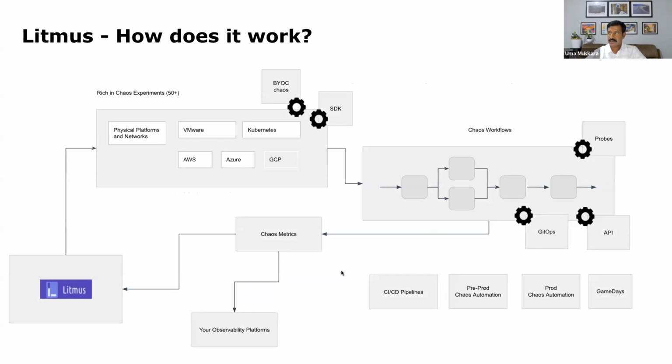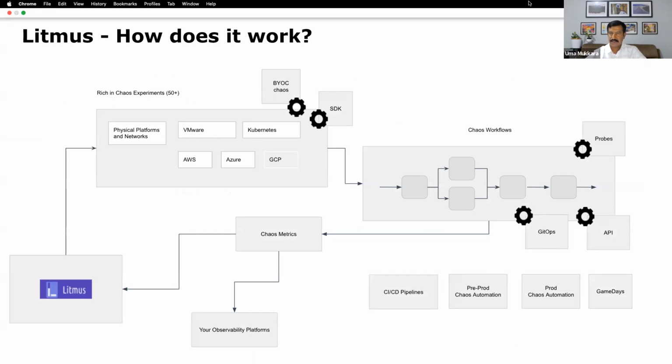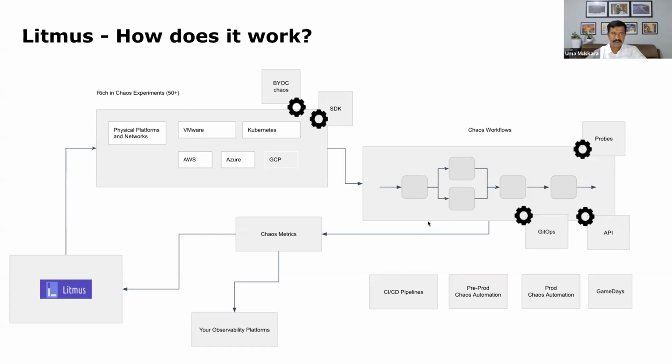So I think we can jump to the demo, but in the demo you will see there is a chaos center where everybody logs in. Everybody means your team members, and then you can build chaos experiments around various resources, Kubernetes or bare metal or multiple clouds. And while building these experiments, you have many of them available.